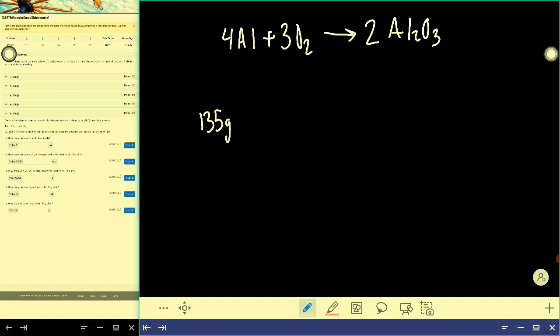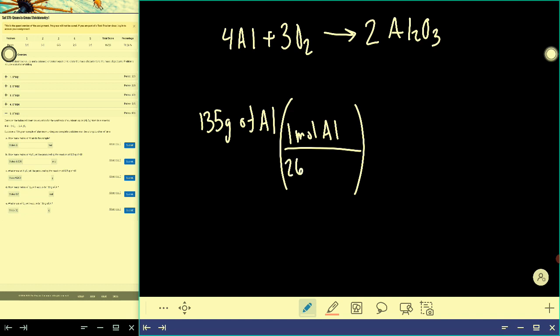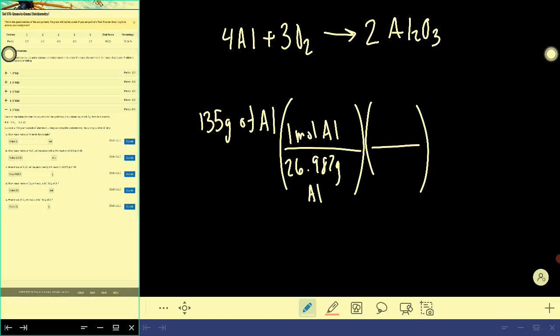All right, so 135 grams of aluminum is going to go through this oxidation. I know I need to get out of aluminum, so 1 mole of aluminum, looking at my periodic table, is going to give me 26.982 grams of aluminum. So that would have been A. Now B is how many moles of Al2O3?